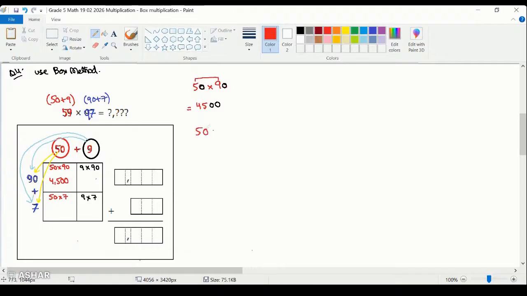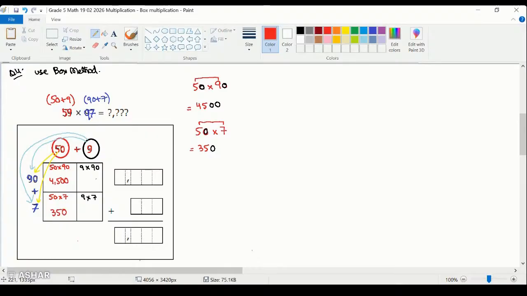The next one was 50 multiplied by 7. How many zeros do we have? We have 1 zero. 5 times 7 is 35, and we simply put 1 zero. That means this comes out to be 350.